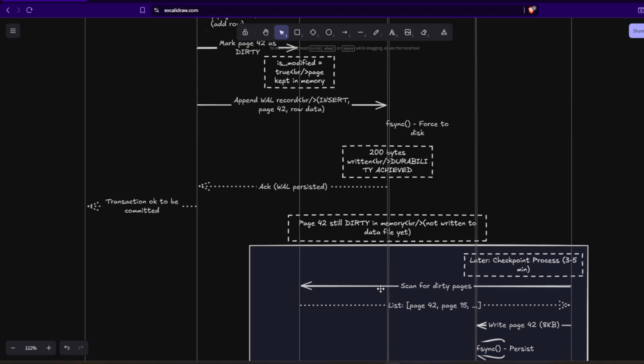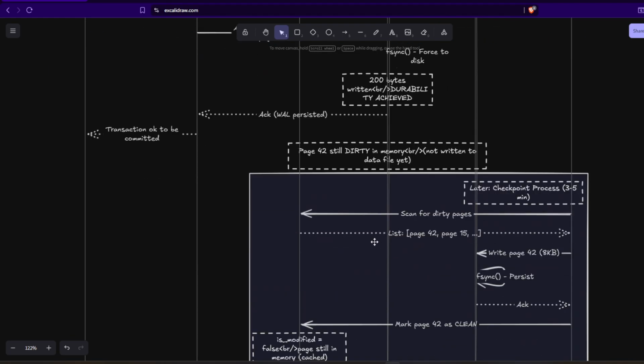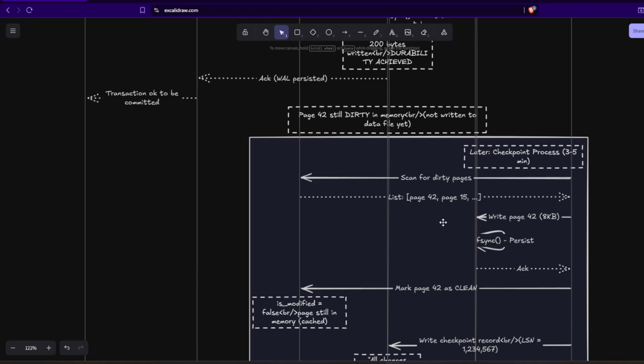Not only my particular page: suppose the database has done 10,000 operations in the last few milliseconds. It will scan all those dirty pages and send that data to our persistent storage through fsync.